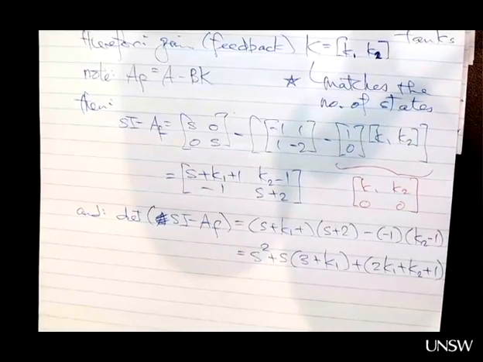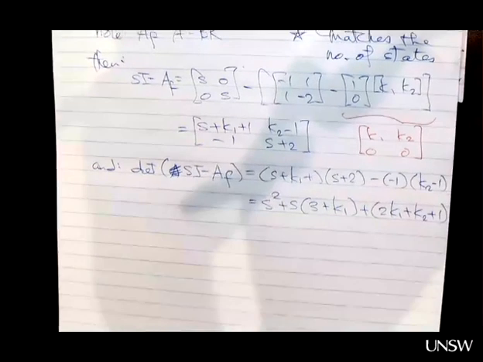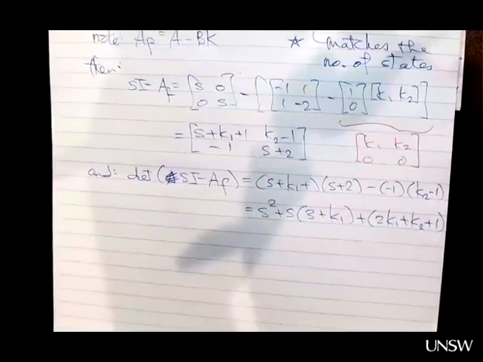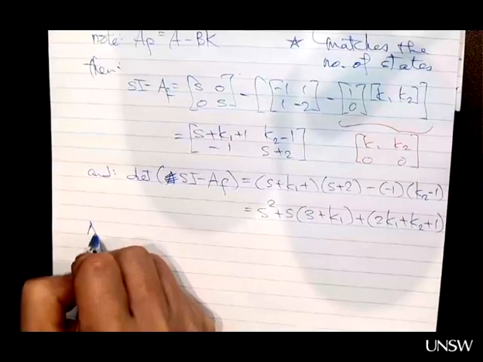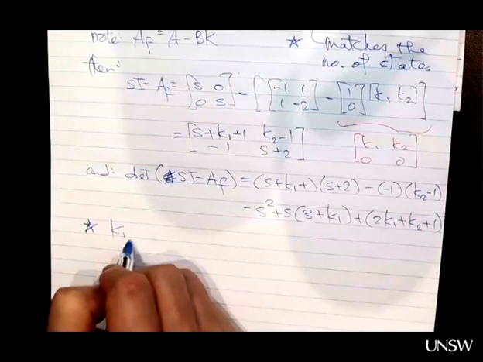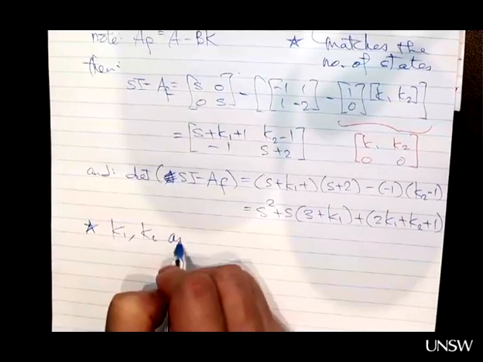So what we can see here is something very important, right? K1, K2 are design parameters.